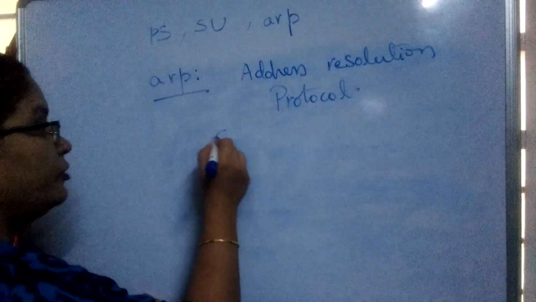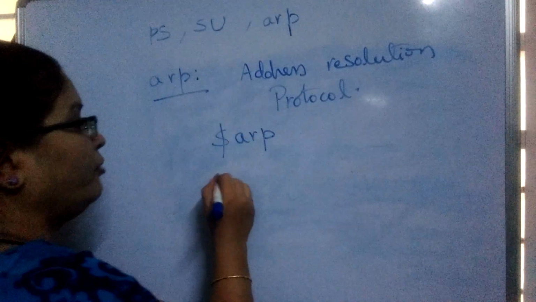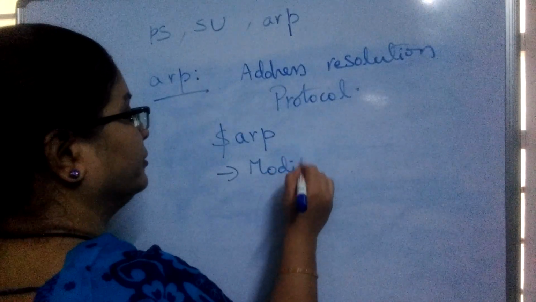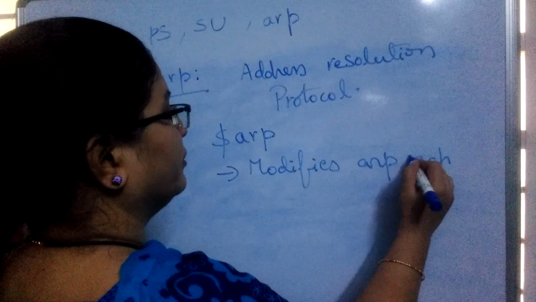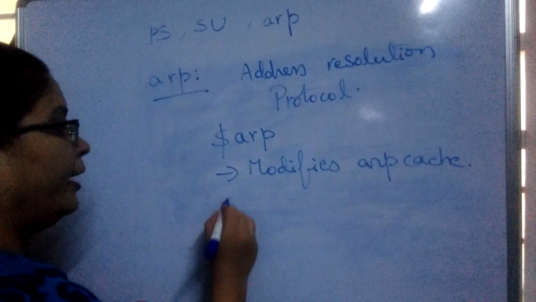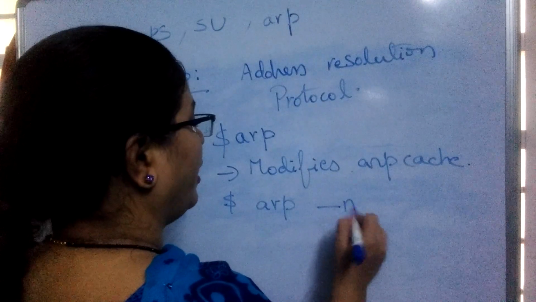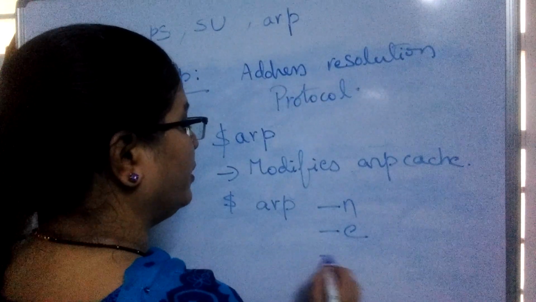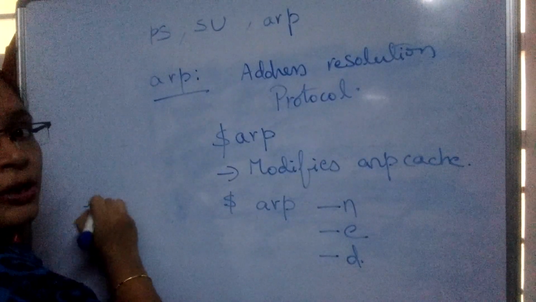So the usage of this ARP: it modifies the ARP cache. And it has certain options also: ARP -N, ARP -E, ARP -D. What does ARP -N give?